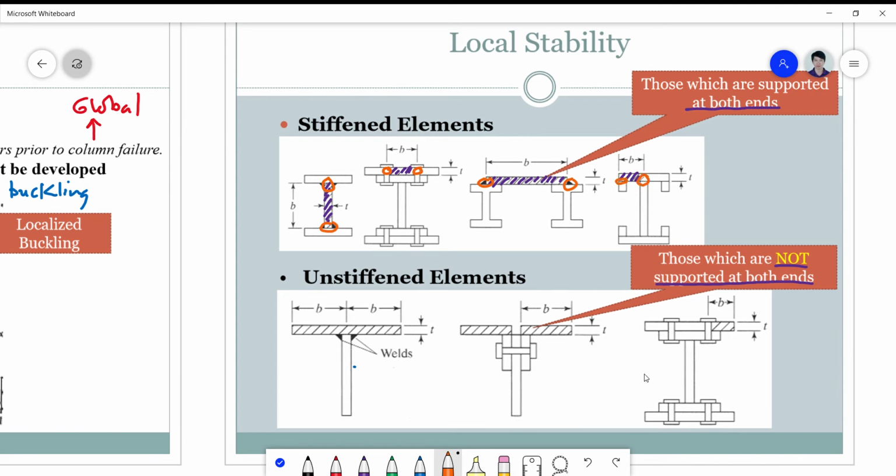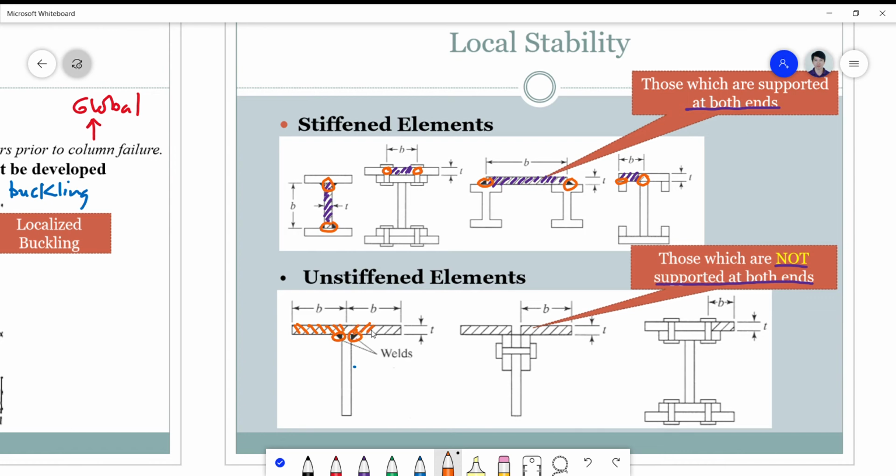While those which are not supported at one end, your support is only on a single portion. So this is only the portion of this element. Okay, portion of this element. So we look into this as two separate elements.